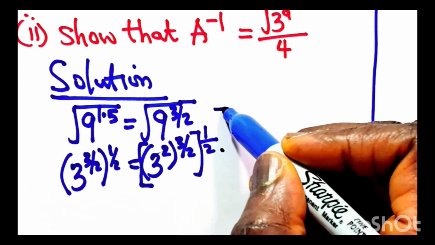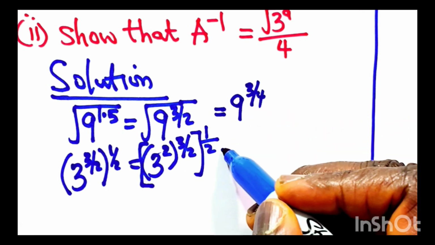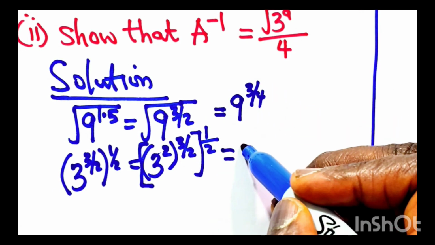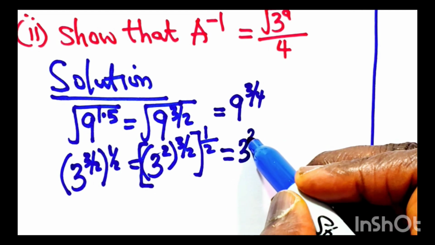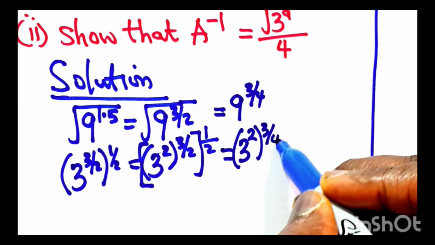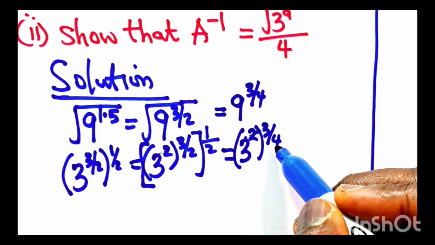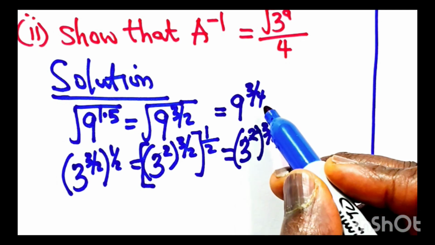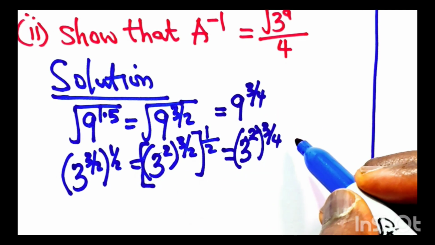So this one also is the same thing as 9 raised to the power 3 over 4, which if I solve that, this one becomes 3 raised to the power 2 into 3 over 4. If I cancel 2 here, I am left with 3 over 2, like this one.